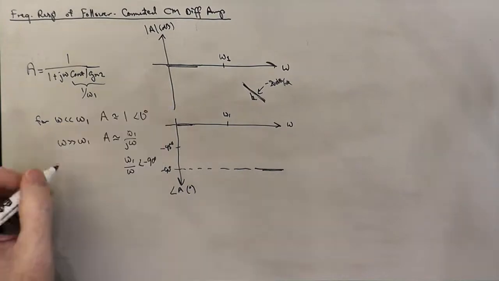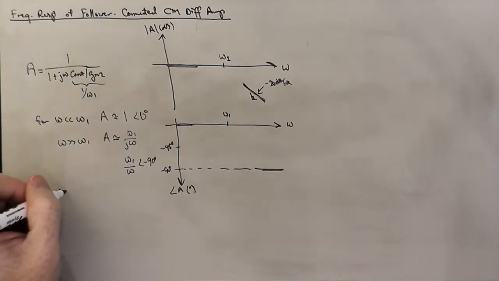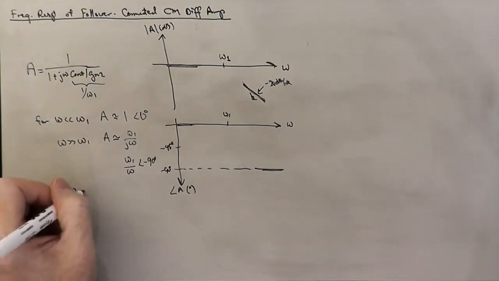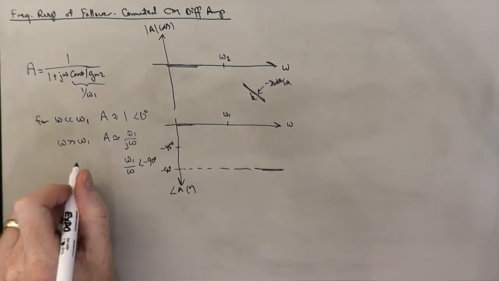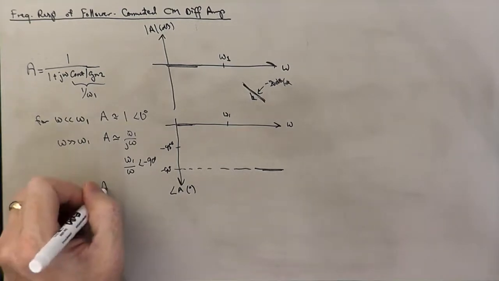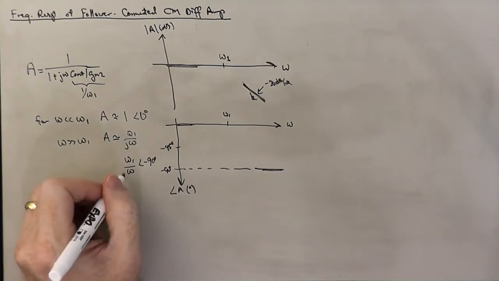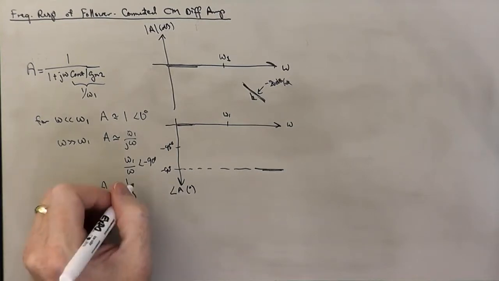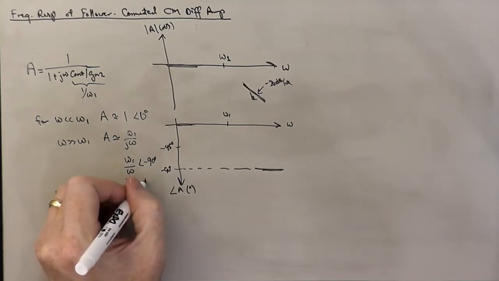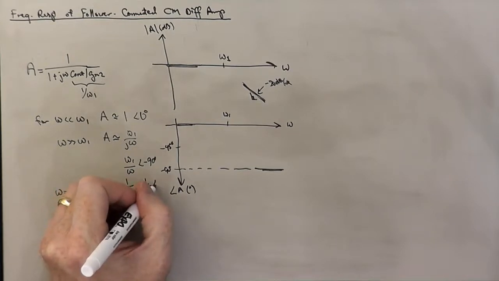And at the corner for omega equals omega 1, we got A is equal to 1 over 1 plus j, which is equal to 1 over root 2, angle minus 45.